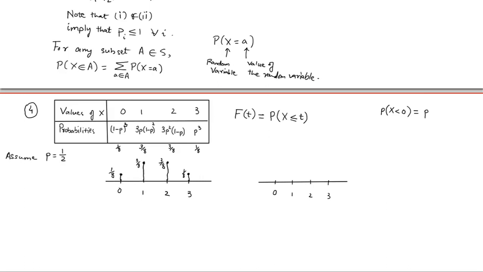So you're asking me to compute the probability of a set that is empty. Right? X less than 0 is an empty set. It never happens. There is nothing in this set. And the probability of an empty set, axioms of probability, that's 0.